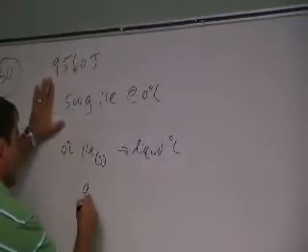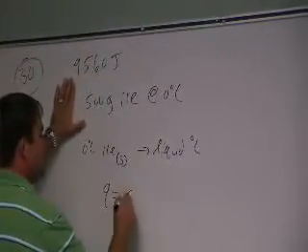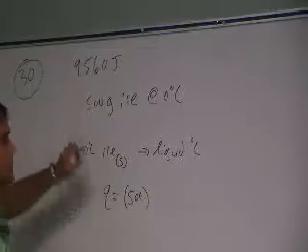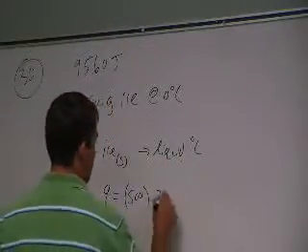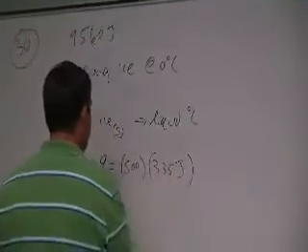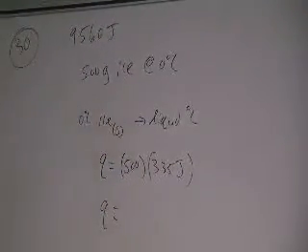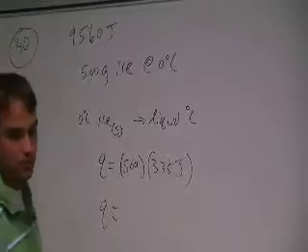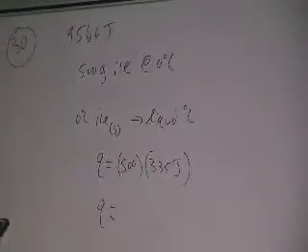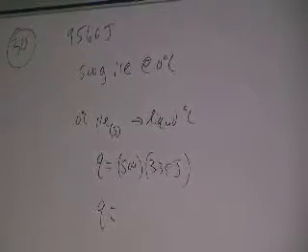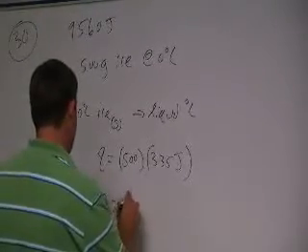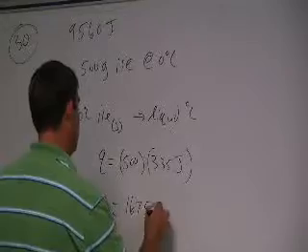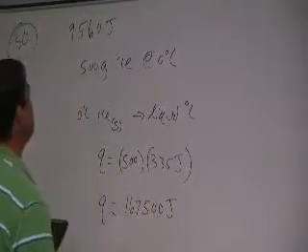Well, Q equals mass, which is 500 grams, times the heat of fusion, 335 joules per gram. So if we did that and changed no temperature, what we would do is take 500 times 335, and that is going to be 167,500 joules.